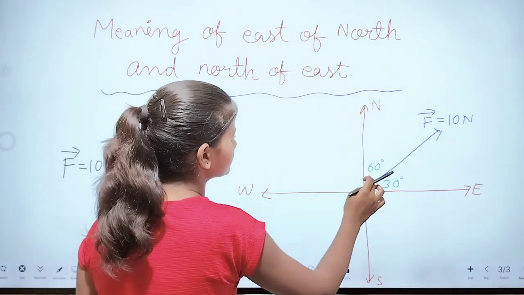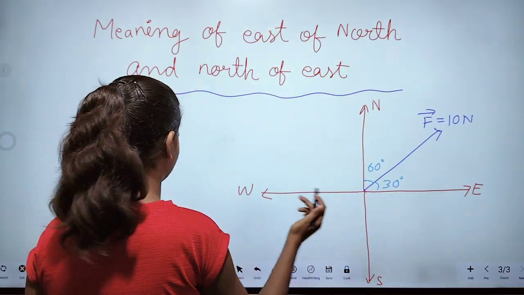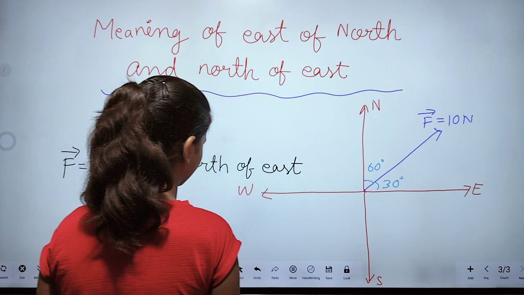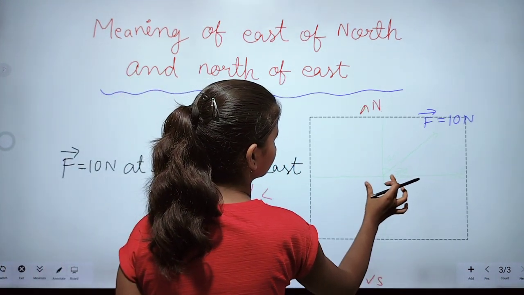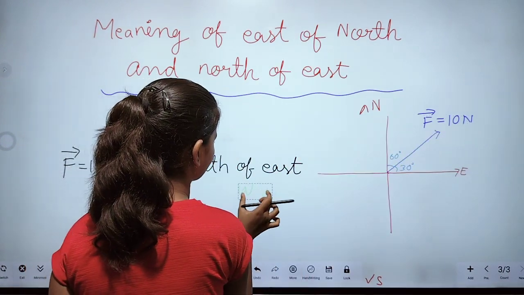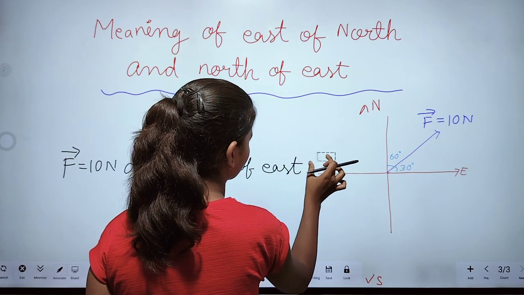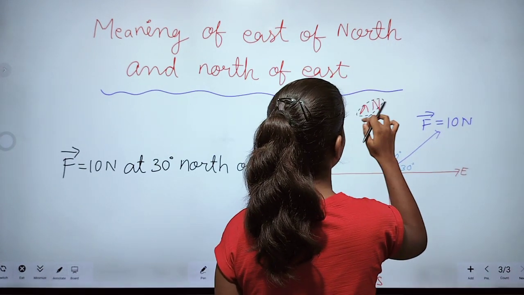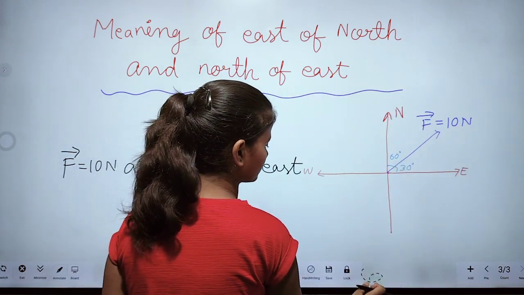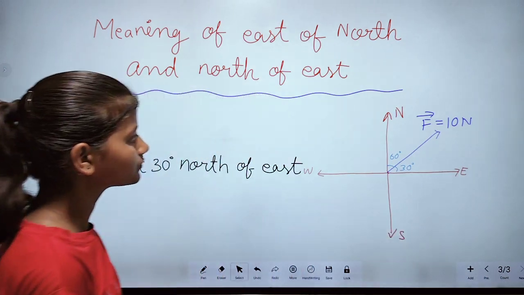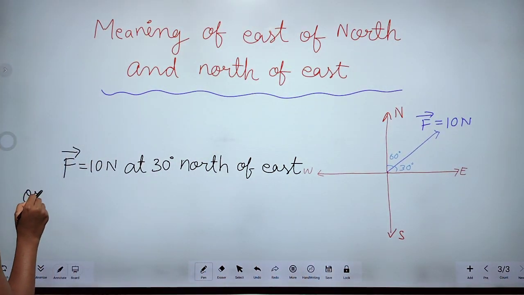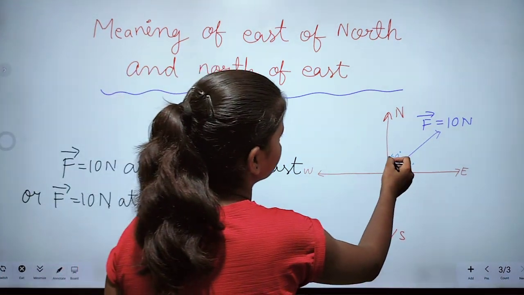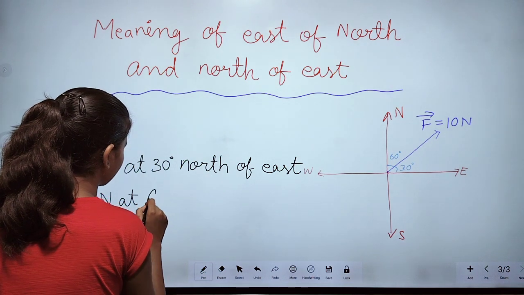So 30 degree north of east. Or you can also write like this: F vector is equal to 10 Newton at 60 degree east of north.